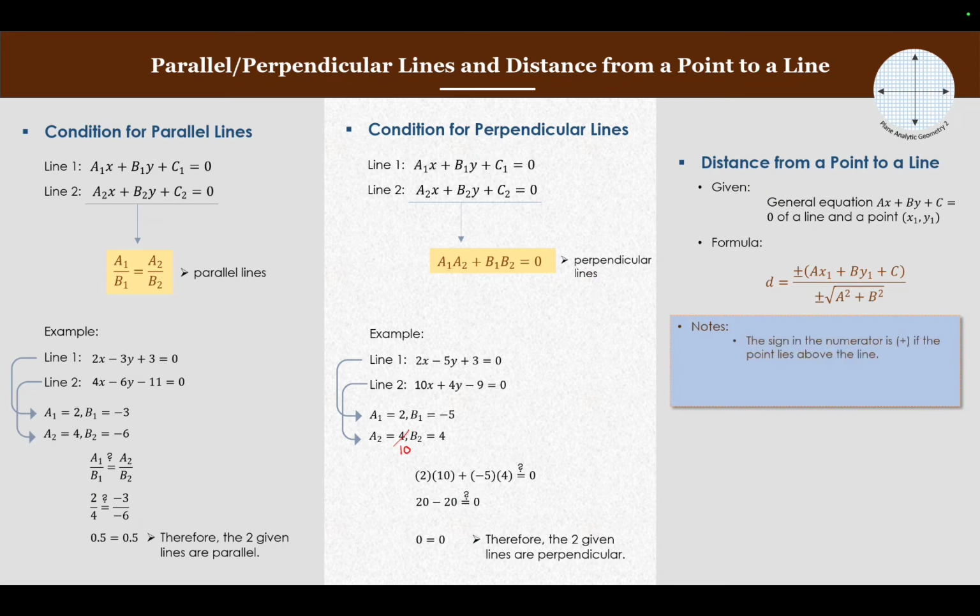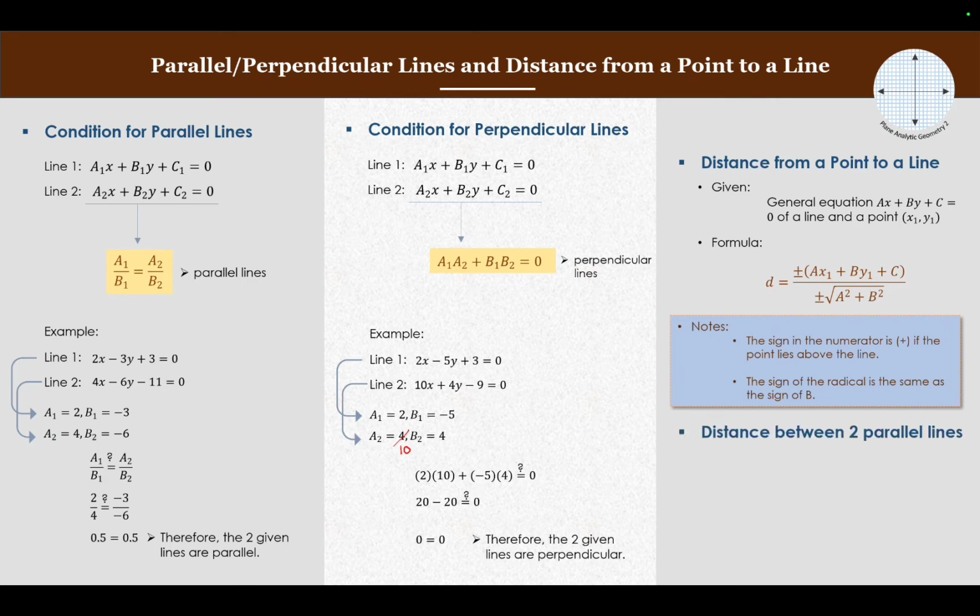So take note that the sign in the numerator is positive if the point lies above the line, and the sign of the radical in the denominator is the same as the sign of b.